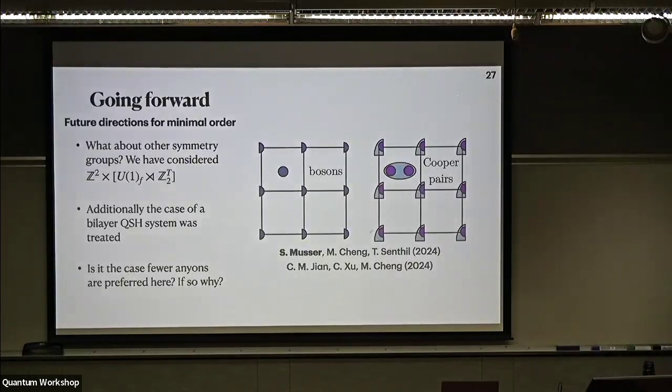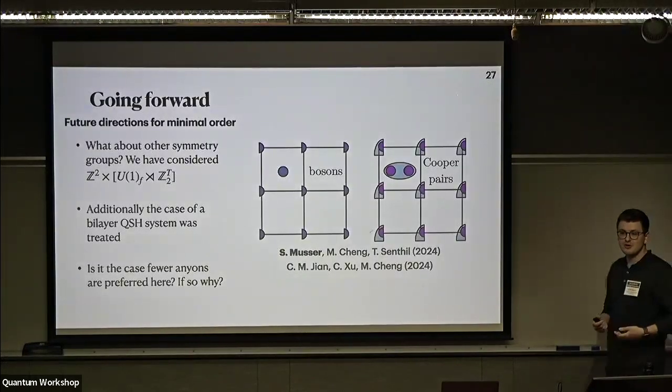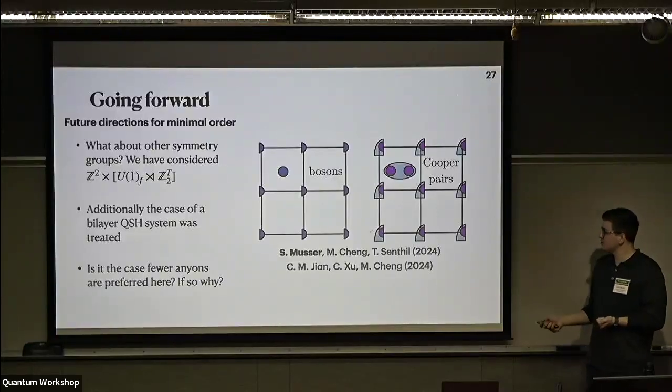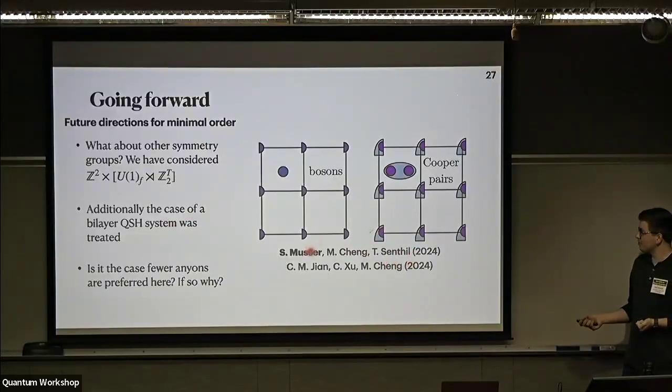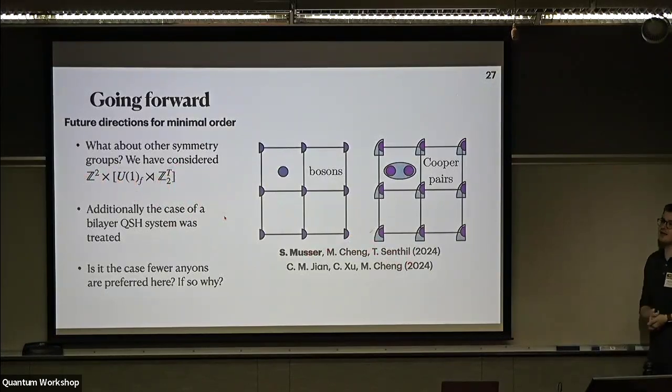You could also ask what the minimal order is for other symmetry groups with fractional response. So with Meng and Senthil, we thought about the case where you have translation, U(1) and time reversal. So this might be appropriate if you thought about dimer models.